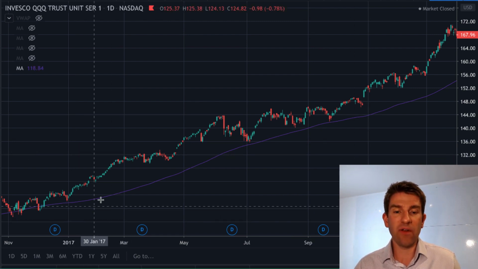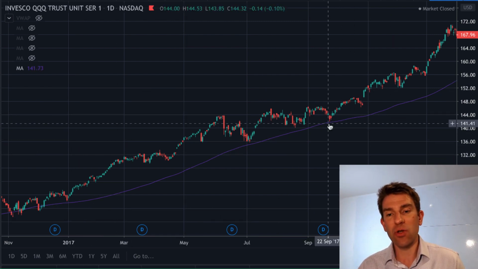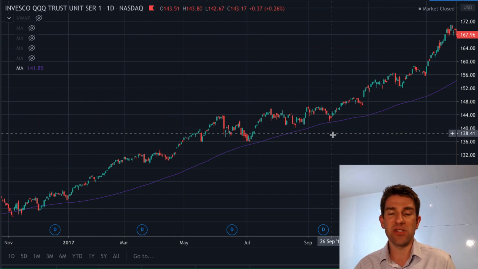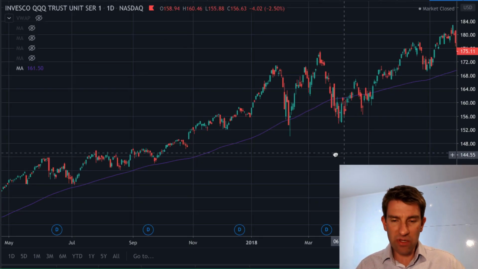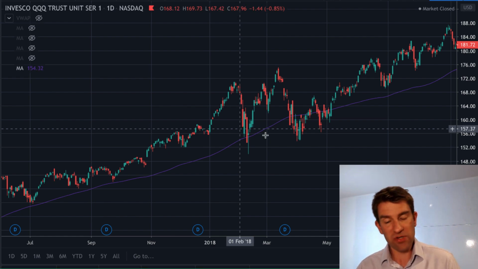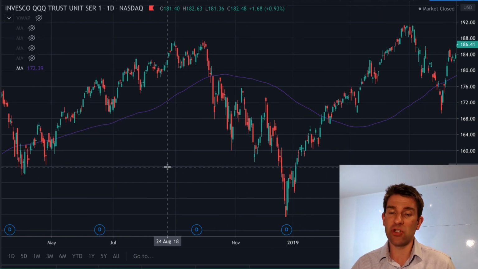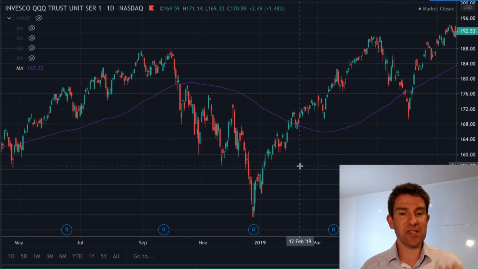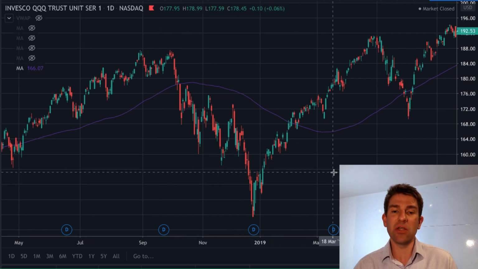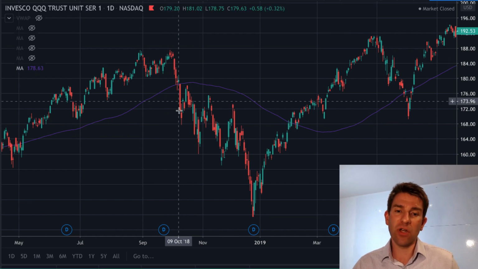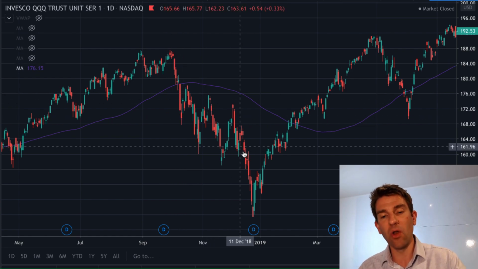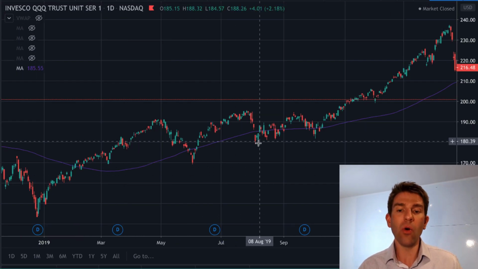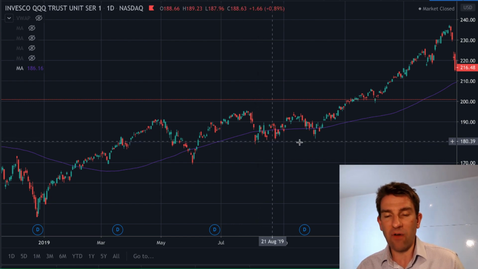Look at this, we had a whole year where it's not even tested, and you could argue, well, it almost got tested as a place to buy. I think when price gets down to the 100, personal opinion again, it's just my perception of it, I don't think it has that much value, because by the time price gets down to the 100, to me it's a 50-50 whether it's going to go through and convert into a longer rotational down, or it's going to hold and push back up.